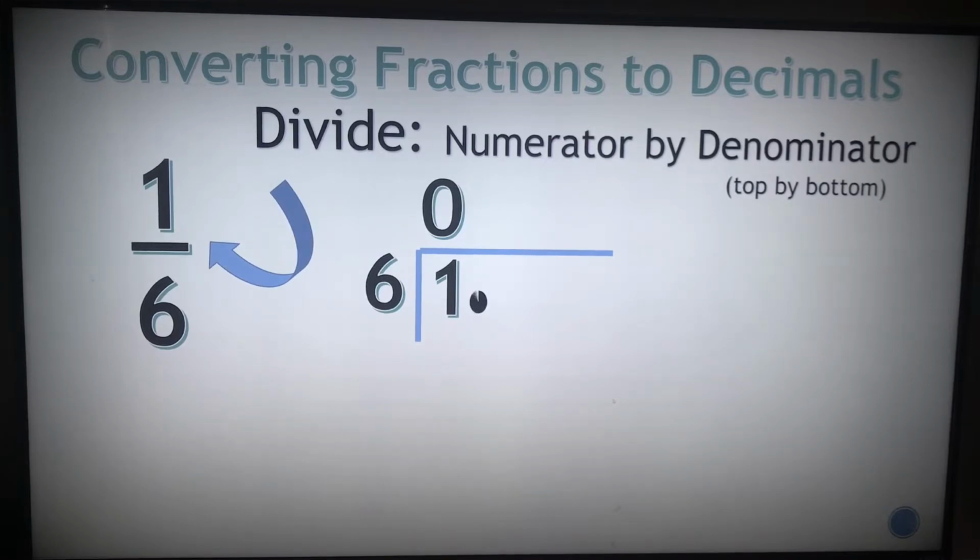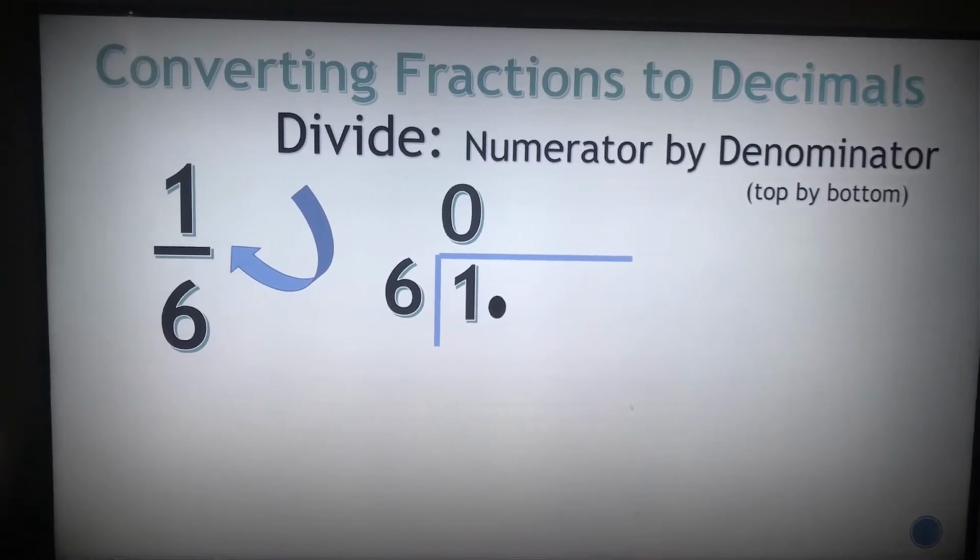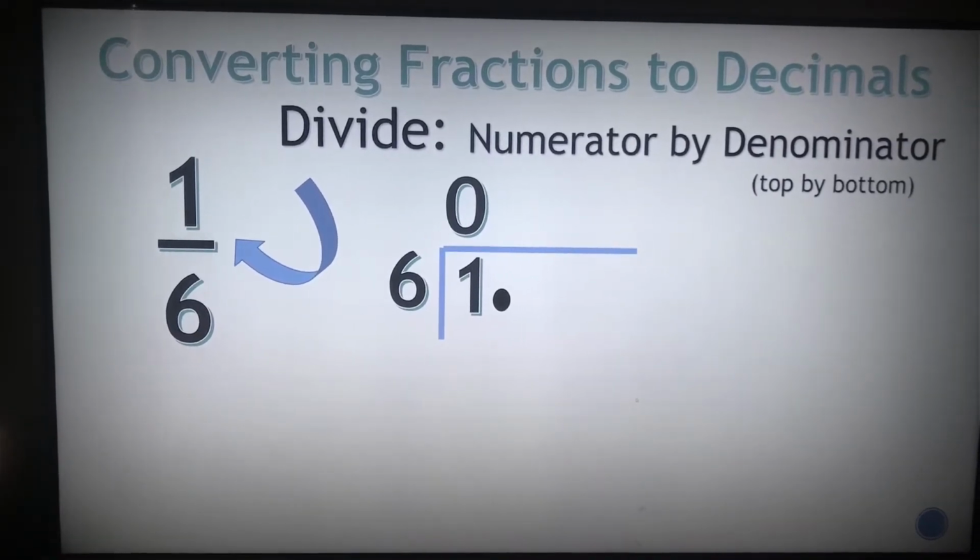So we're going to place our decimal here on the right side of my 1 so that I can now start adding more zeros. But before you do that, because this happens all the time, bring that decimal point straight up so that it's going to be there in your answer. And behind that decimal is a 0. We don't write it. It's imaginary because once it's gone, we don't need to write it.